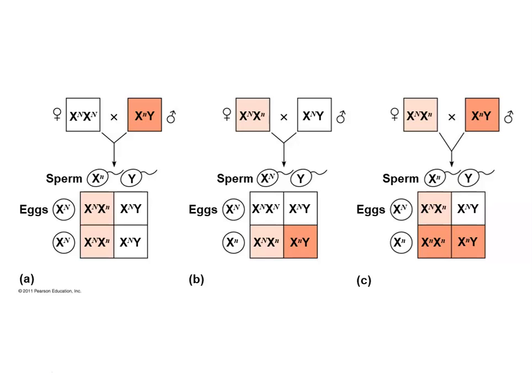You could have a female that is homozygous dominant or is a carrier for that trait because you have a 1 in 2 chance of getting the dominant or the recessive allele from the mother.